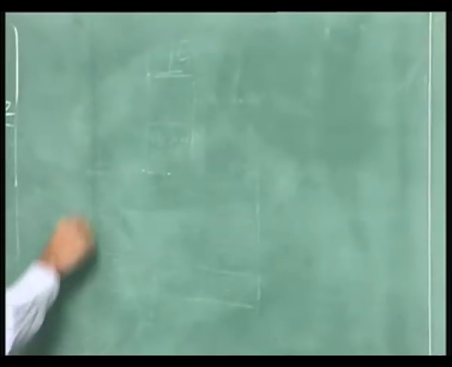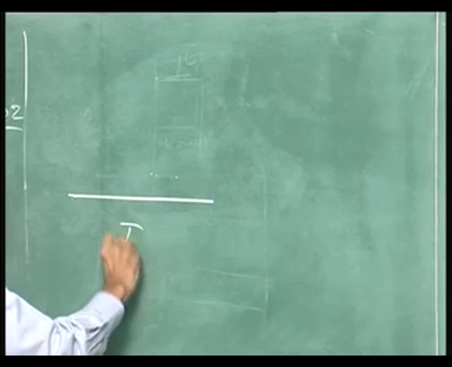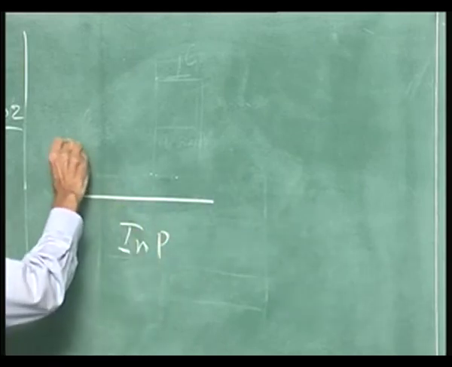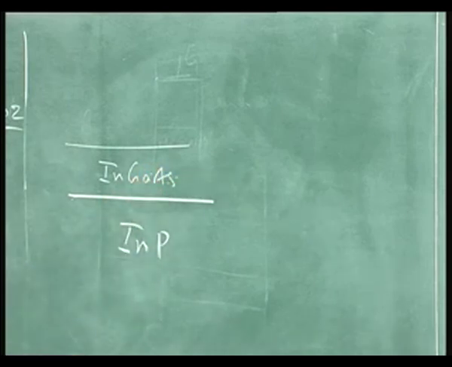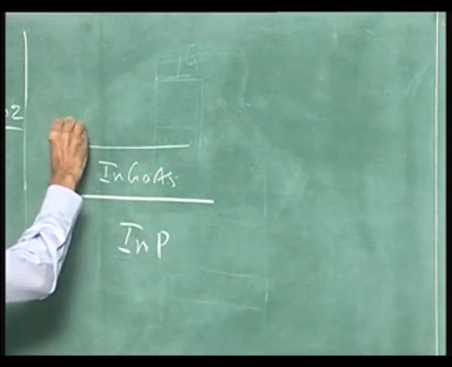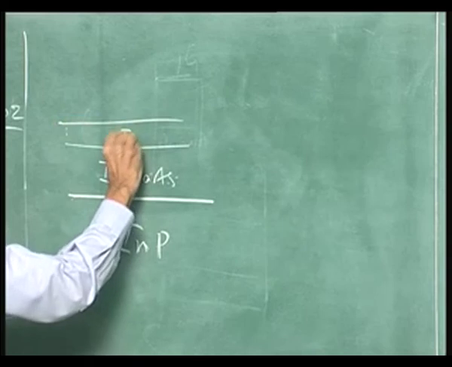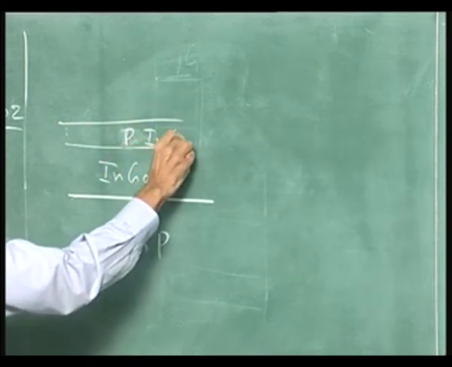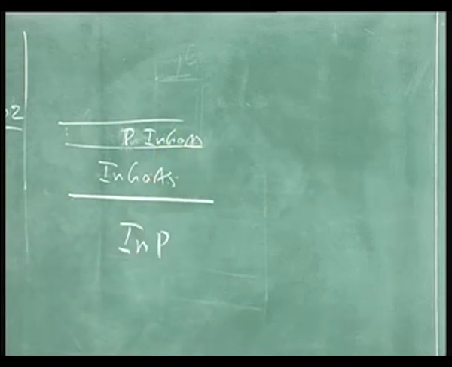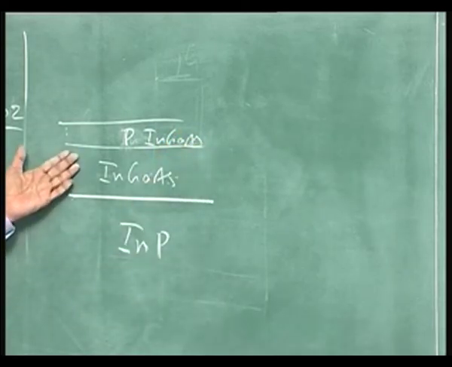I can have indium phosphide, okay, indium gallium arsenide undoped, and then I can have the indium gallium arsenide p type. Or indium phosphide, does not matter.